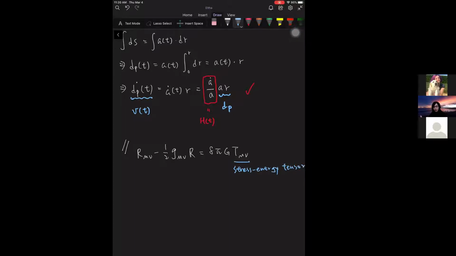And so basically these two terms, the Riemann curvature tensor is defined through the Christoffel symbols, right? If you have learned that before, through the Christoffel symbol and its derivative.